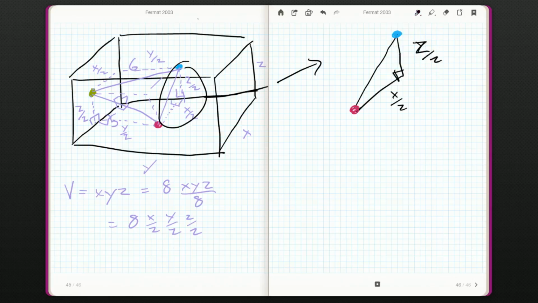And that has maybe the hypotenuse of 4. Doesn't really matter. We can relabel things as we need to. But by Pythagoras' theorem, since we have a right angle triangle here, we know that x over 2 squared plus z over 2 squared should be equal to 4 squared.